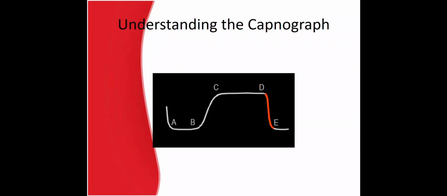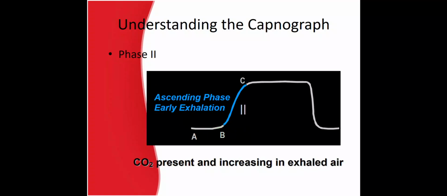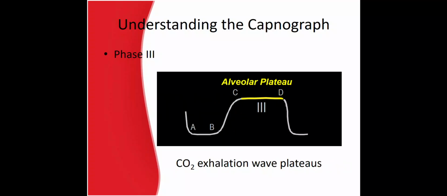The capnographic waveform has 4 phases. In phase 1, the baseline is the beginning of exhalation. As the exhalation increases in phase 2, there is a sharp rise in the amount of CO2 being exhaled. Phase 3 is also called the alveolar plateau.